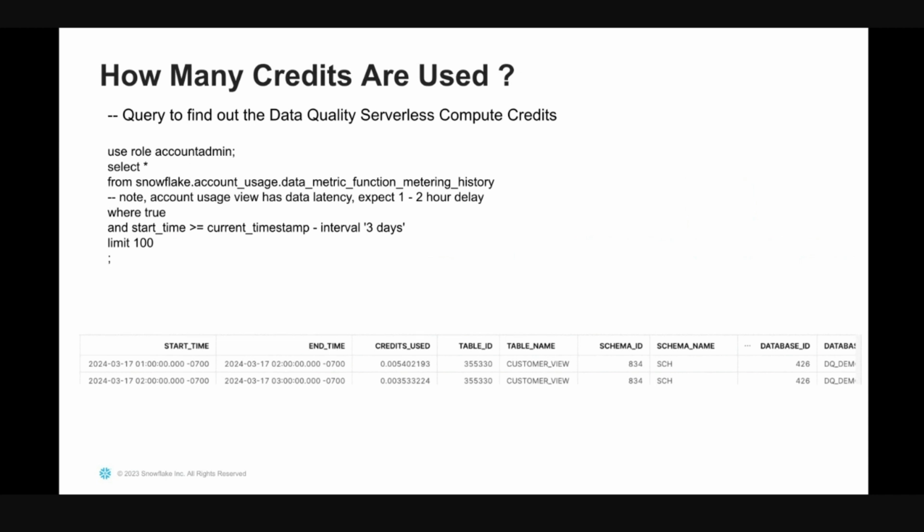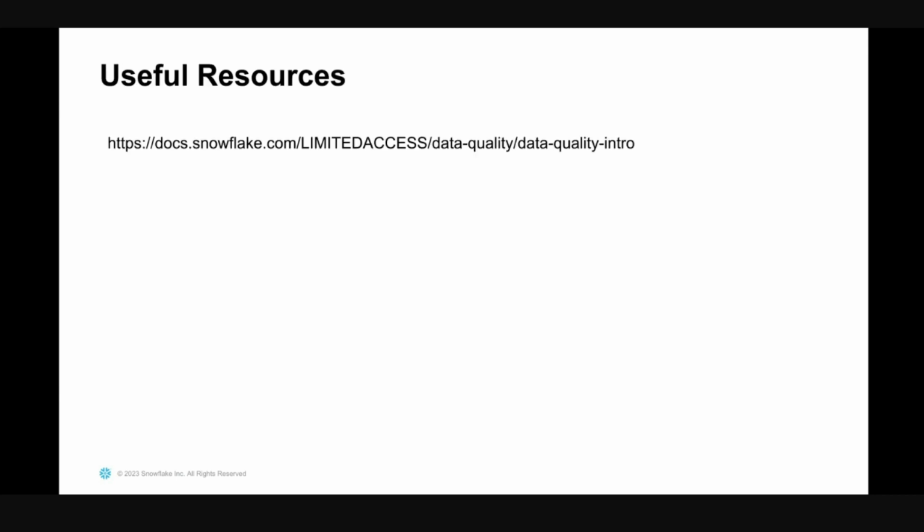In the Snowflake world, costs are measured using credits that you consume, and the credits are calculated per hour, and you only pay for what you use. So you can write a query to find out how many credits have been used for these data quality checks. So that's available.